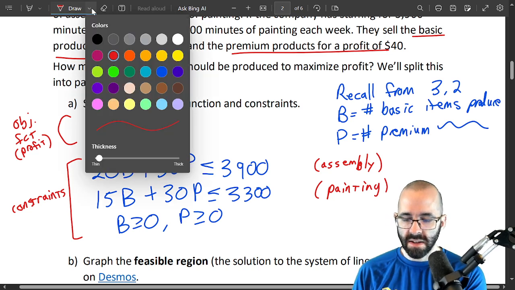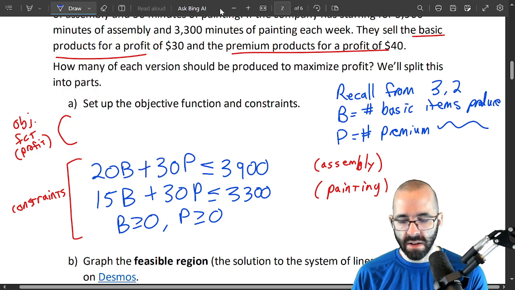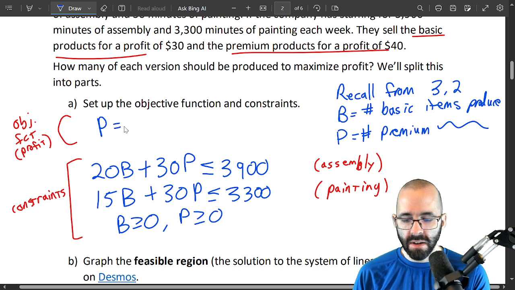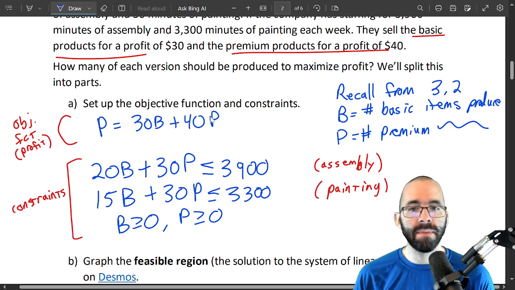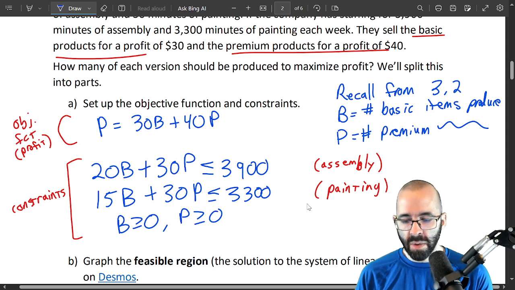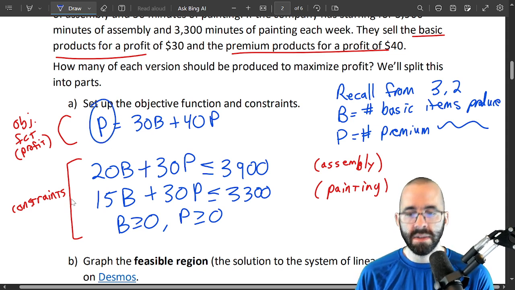Well, if that's the case, then what's our profit? Our profit is going to be $30 for every basic and $40 for every premium. So we want to make this profit as big as possible.